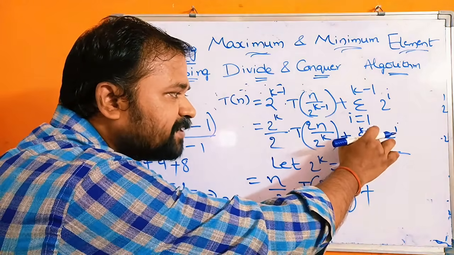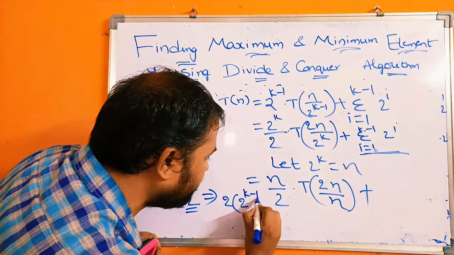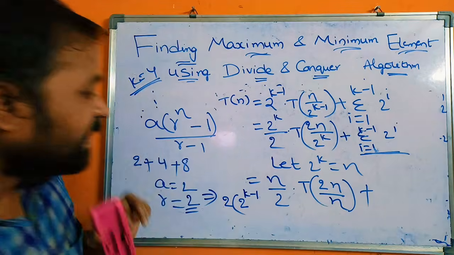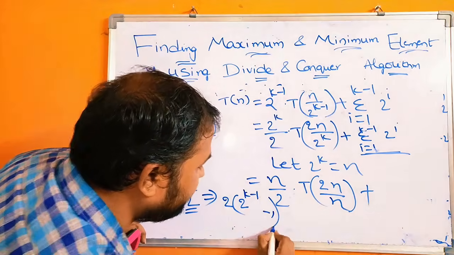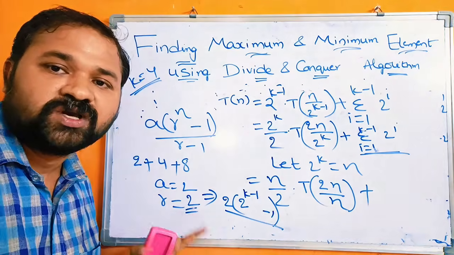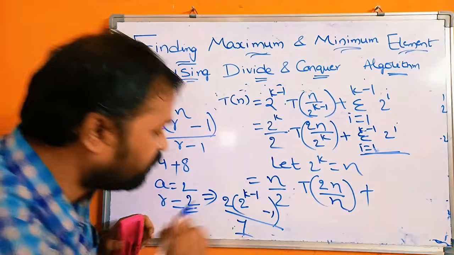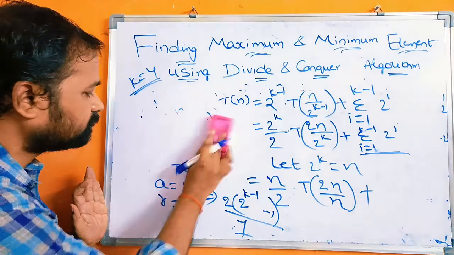We have to continue up to k minus 1. So 2 into 2 power k minus 1, minus 1, by r minus 1. What is the r value? 2. So 2 minus 1 means 1. So we have to solve this equation now.